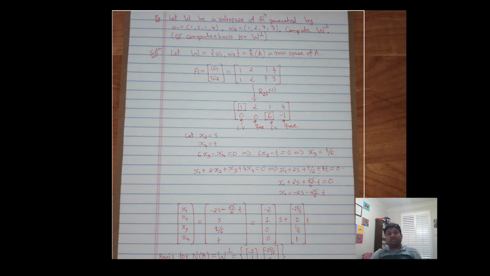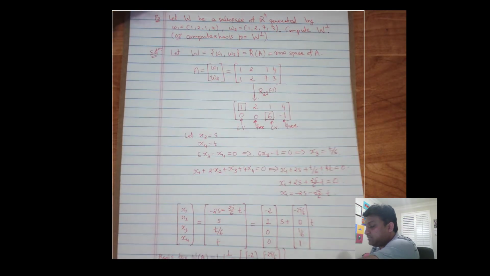Assume that the given basis is the basis for the row space of A, and based on that, reduce matrix A into echelon form, figure out the free variables and leading variables, express leading variables in terms of free variables, and write down the basis for the null space. Alright, let me show you another way to ask a very similar type of question.